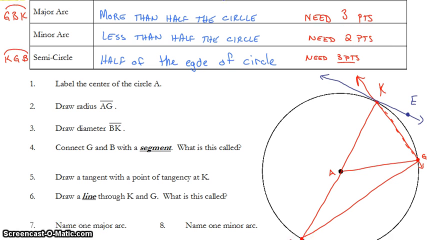So if I were talking about an arc that's less than half the circle, for example, this arc here, it starts at K and it goes to G. I just need those 2 points and the arc symbol above it. Now I have my minor arc because it's less than half.